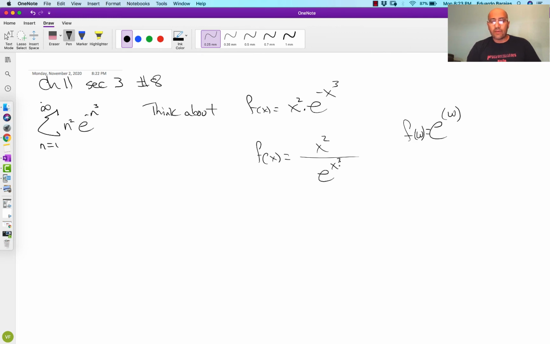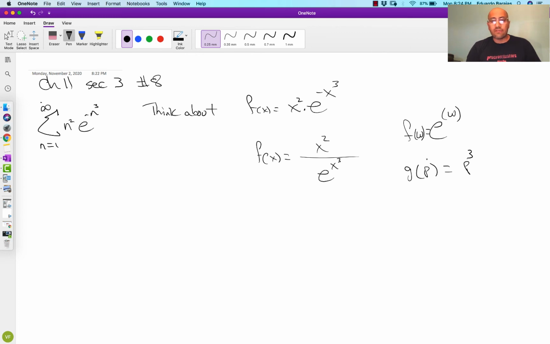And then we have a cube function here. So we could call that g of, I don't know, p equals p to the cubed, right? The letters themselves don't matter, right? We have some input getting cubed, right? So whether it's an x or a p doesn't matter. And then here we have e to the power of some input, right? Whether it's a w or an x, doesn't matter. So we have a composition of functions here, and this one is a continuous function.